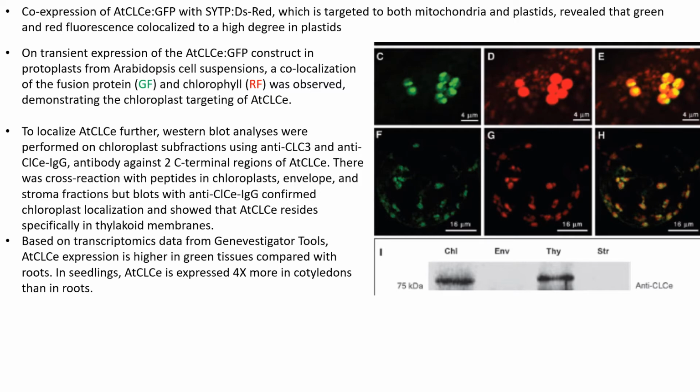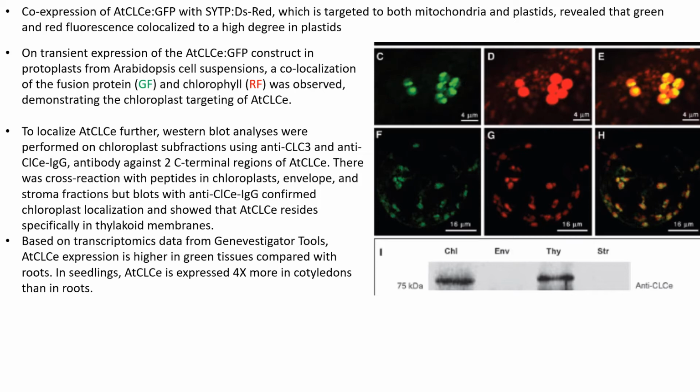Using these antibodies, CLCE was targeted to see which fraction of the chloroplast the protein goes to. The experiment with various chloroplast fractions revealed that the CLCE protein is present in the chloroplast, specifically in the thylakoid and not in the stroma or the envelope fraction of the purified chloroplast.